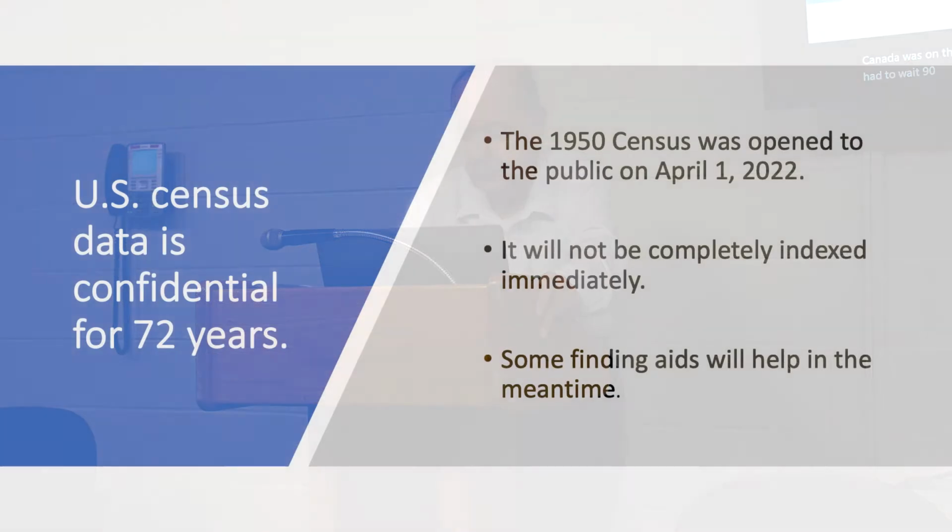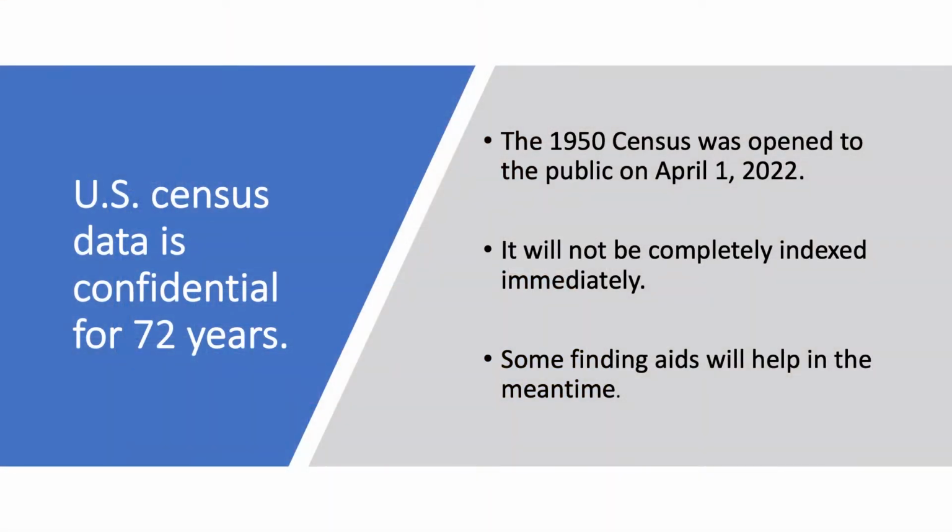And they're just now celebrating the fact that they can see the 1921 census of Britain. Canada was on the same track as Britain, but somehow the last census they got, I think they only had to wait 92 years. Okay, the 1950 census was open to the public on April 1st, 2022, right on schedule.